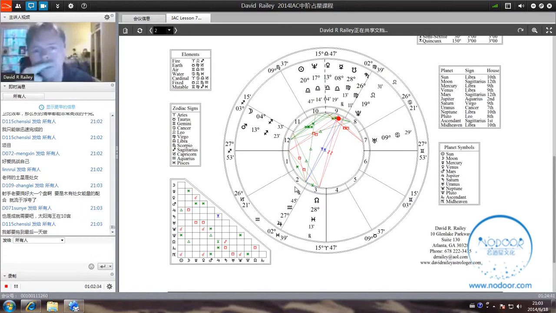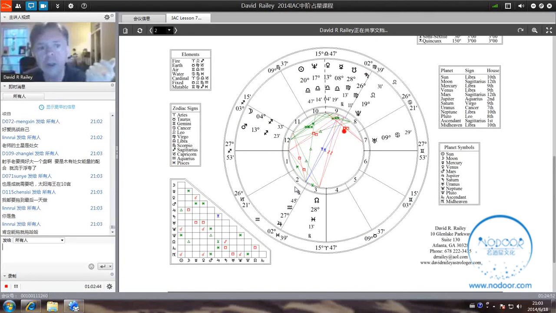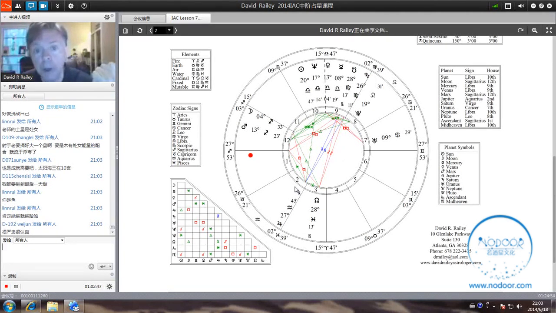So what does this mean? It means that sometimes, as a child growing up, I could be very serious, even inhibited temporarily, or cautious temporarily.